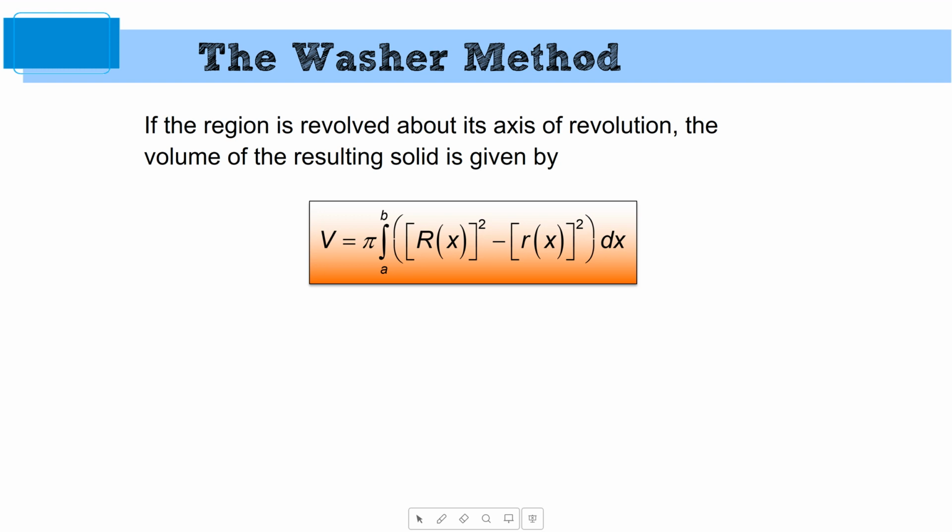So, this washer method is the volume of a disc minus the volume of a disc. As Eric said, it's the outside circle minus the inside circle. If you want to break that into two integrals, you can. There it is in one nice, pretty little form. If I rewrite it, for instance, I would get this.